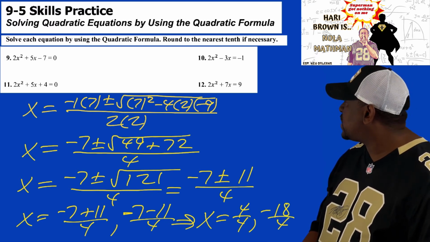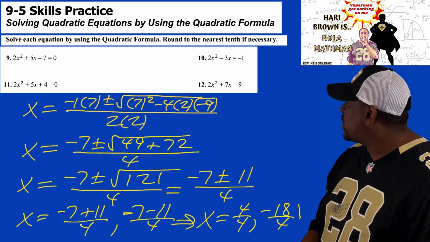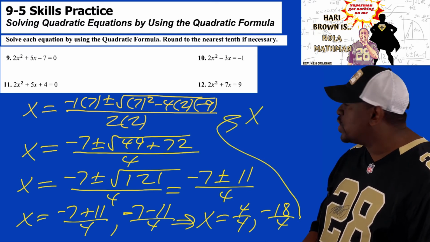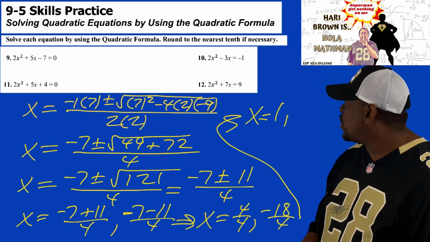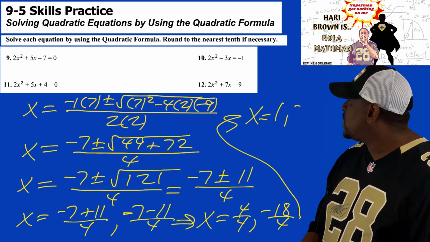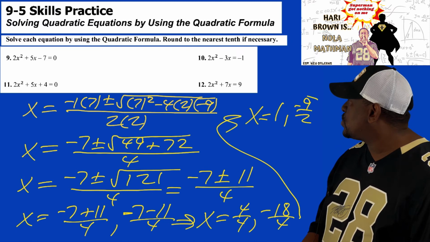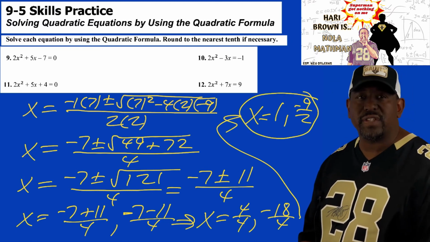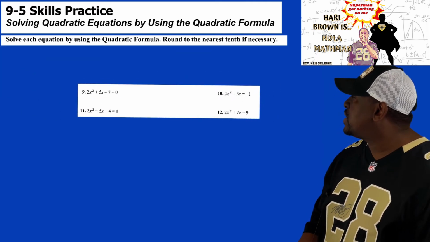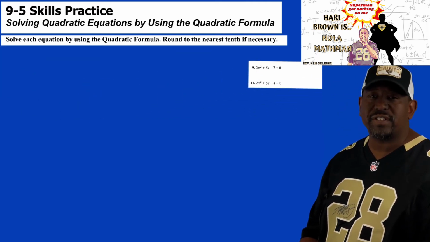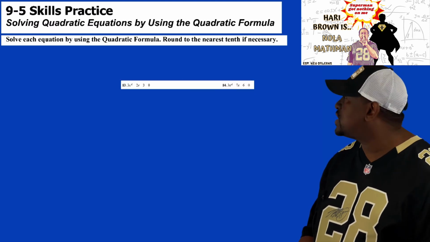So we're going to see that in a sec here. And so you want to do one step at a time like the NOLA MATHMAN does. And so your answers are going to be 1 and negative 9 over 2. And so you solved it. Very good job. So we get in the habit of using the quadratic formula to solve quadratic equations.